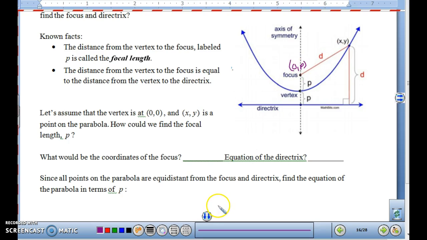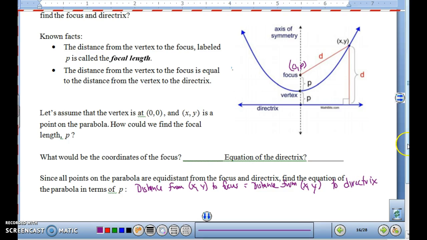We can figure out the distance from the focus to the x, y. So the distance from x, y to the focus is equal to the distance from x, y to the directrix, because any point on the parabola is equidistant from the focus and directrix.